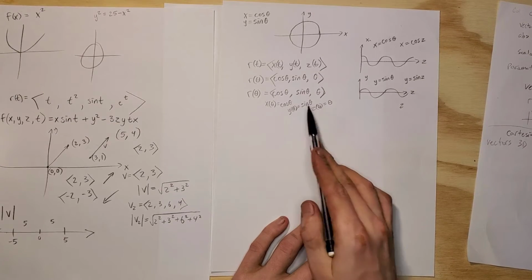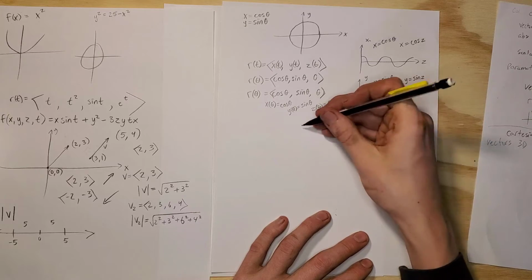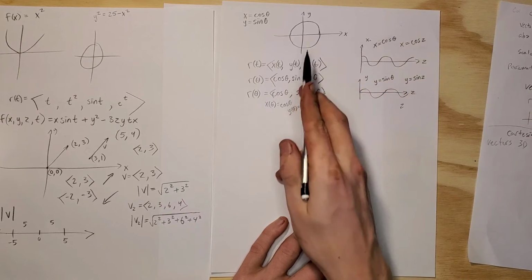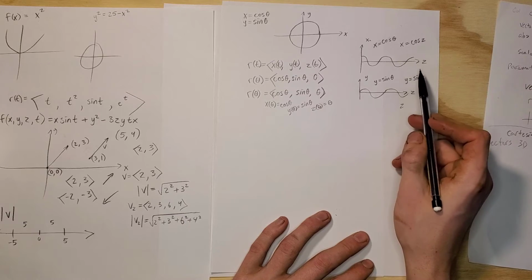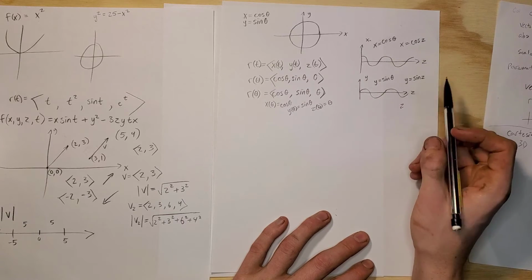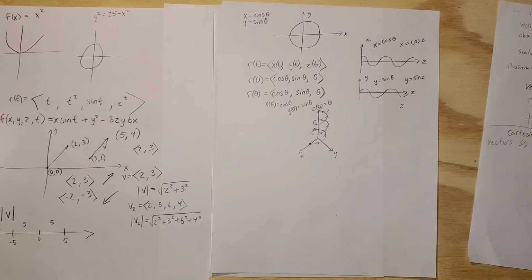This combination of three scalar functions gives this vector-valued function that is a helix in 3D space, a circle when viewed from the xy plane, a cosine wave when viewed from the xz plane, and a sine wave when viewed from the yz plane.